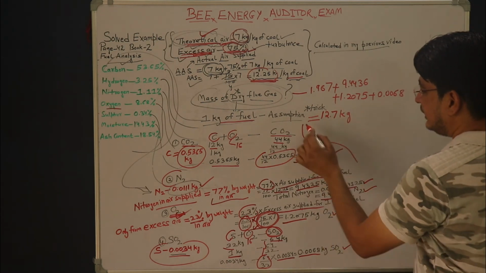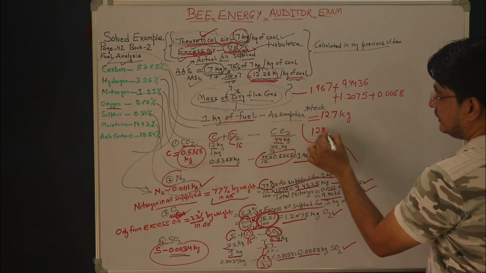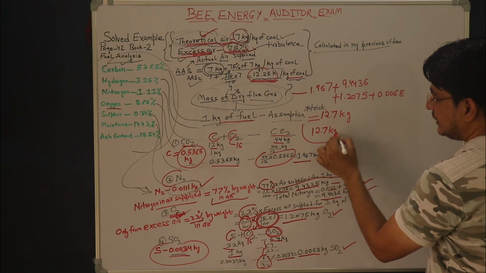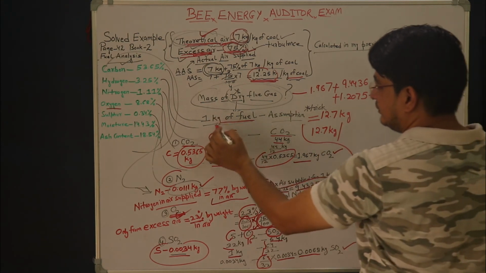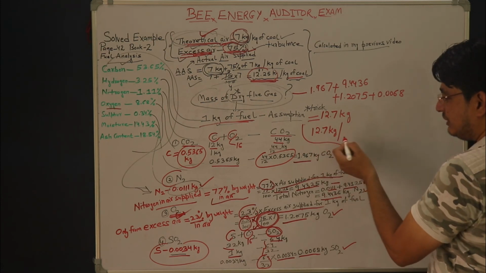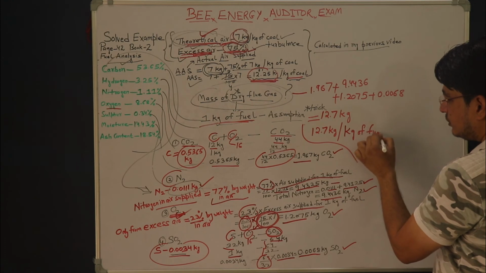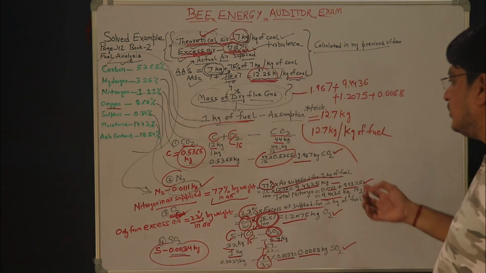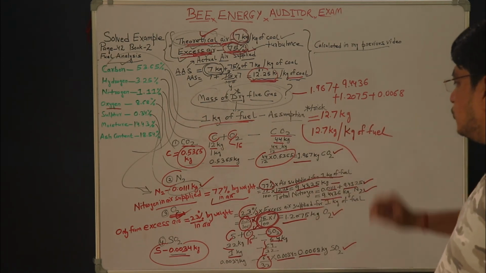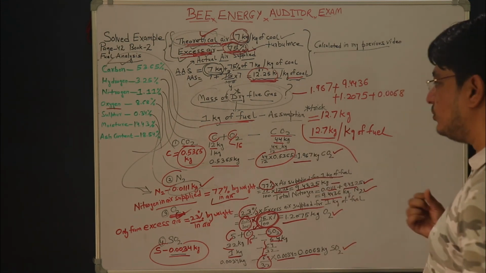So I can say that the mass of the dry flue gas will be 12.7 kg, and since I have considered 1 kg of fuel, I will call it 12.7 kg per kg of fuel. This means in combustion of 1 kg of fuel, you will have 12.7 kg of dry flue gas.